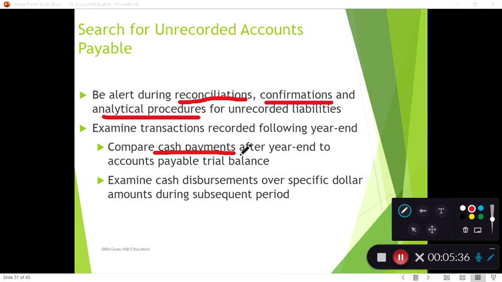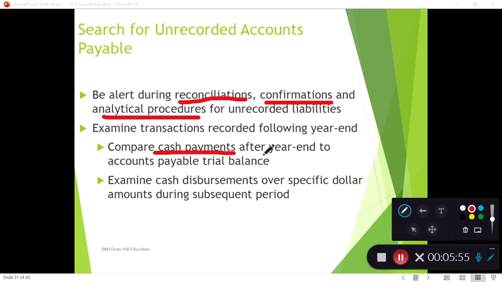We're going to look for cash payments after year end relative to what was in the trial balance. If we see some cash payments, what we should see is vendor amounts that were yet to be paid at year end, and then subsequent cash payments that match up to that.